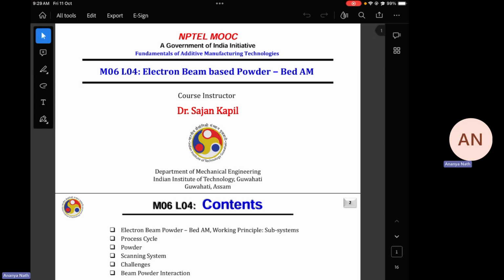The whole combination is called build volume. If you want to increase the build volume, you have to increase the inside area of the chamber. The cost of establishing vacuum will increase and it will be much more difficult as well. The sealing should be proper. So step by step the cost keeps increasing. That is why electron beam melting is not bad, it is good, but it has some difficulties.